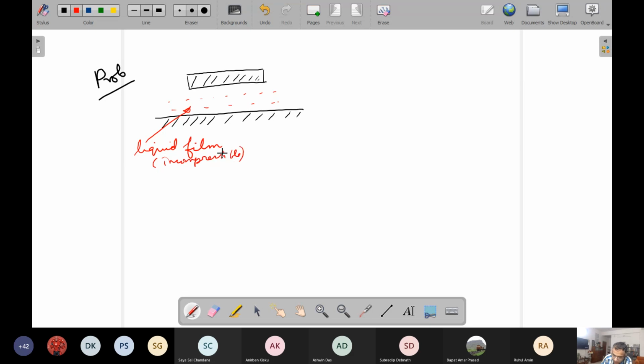In fact, for all practical purposes, you can take it as density equal to constant. So let us be more specific rather than general incompressible. Let us say it is constant density.